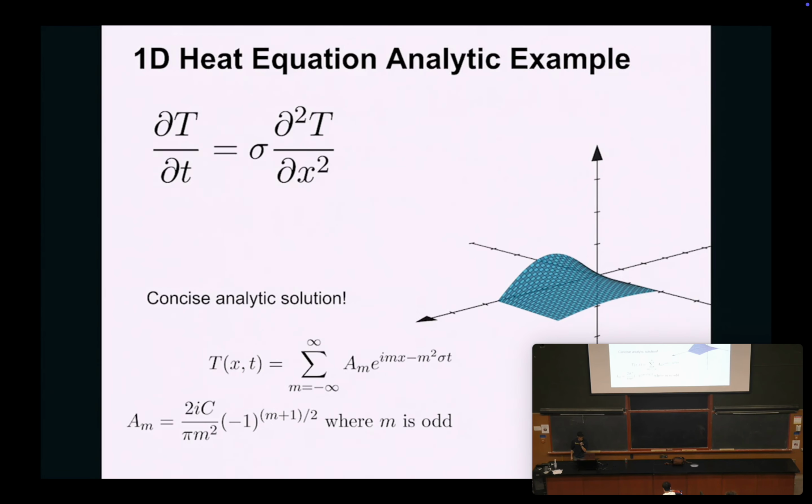This is the heat equation, if you don't already know, and this is a partial differential equation. You can solve this by hand. The solution is a Fourier series. If you are interested, just take Physics 89 or 110 or something.